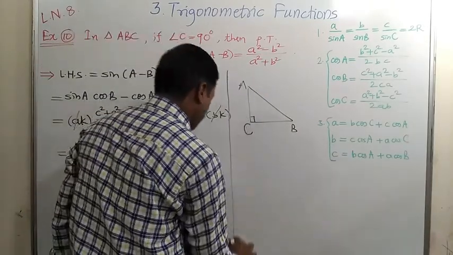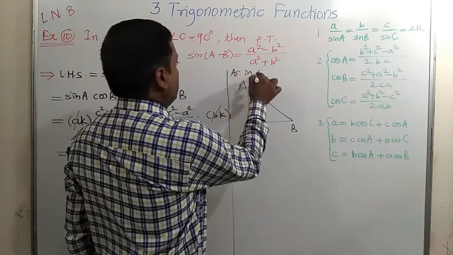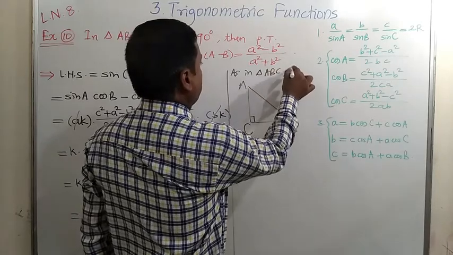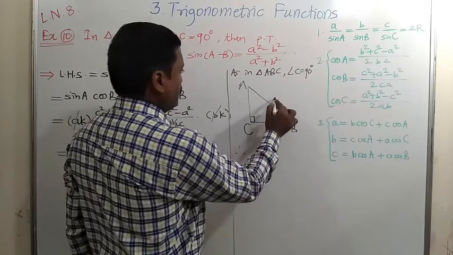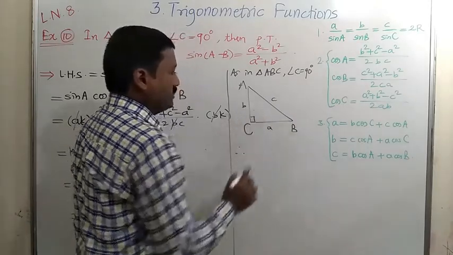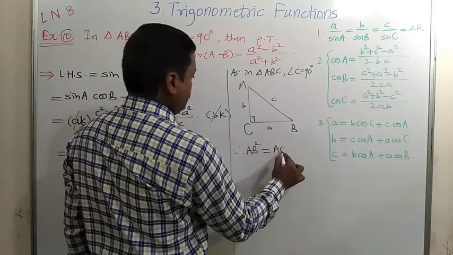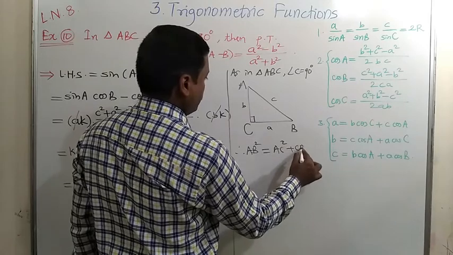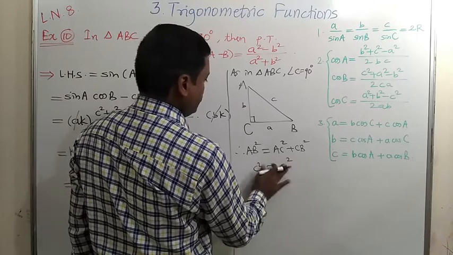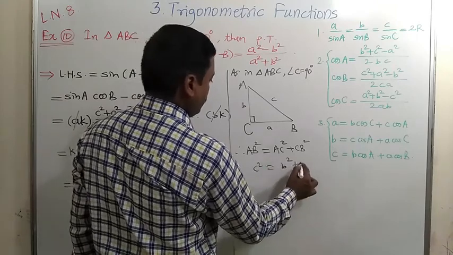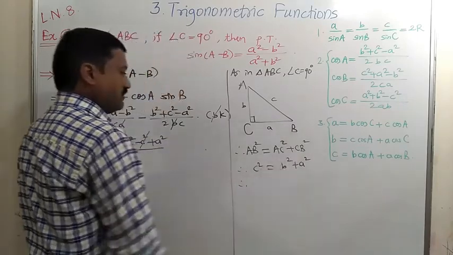So in the second part, as in triangle ABC, angle C is equal to 90, therefore AB square is equal to AC square plus CB square. AB is C square, equal to A square, AC is B square plus A square. Therefore we can write C square equal to A square plus B square.